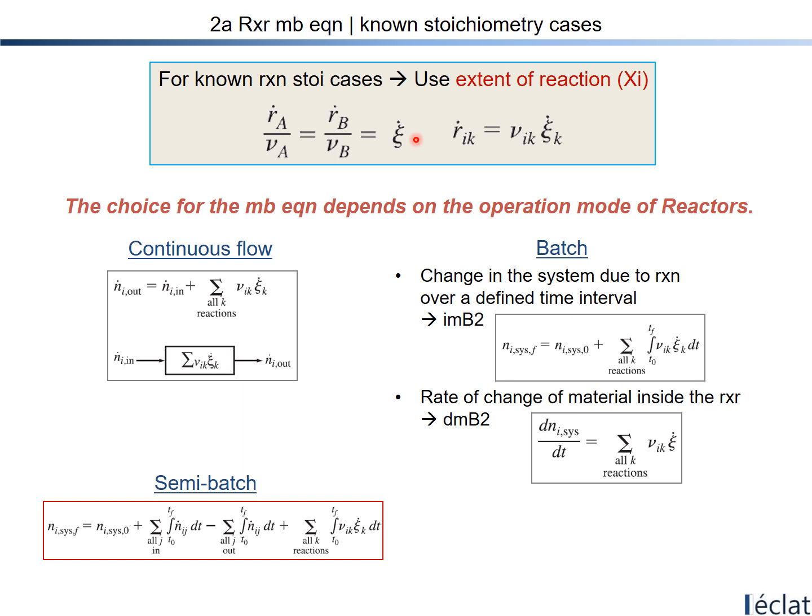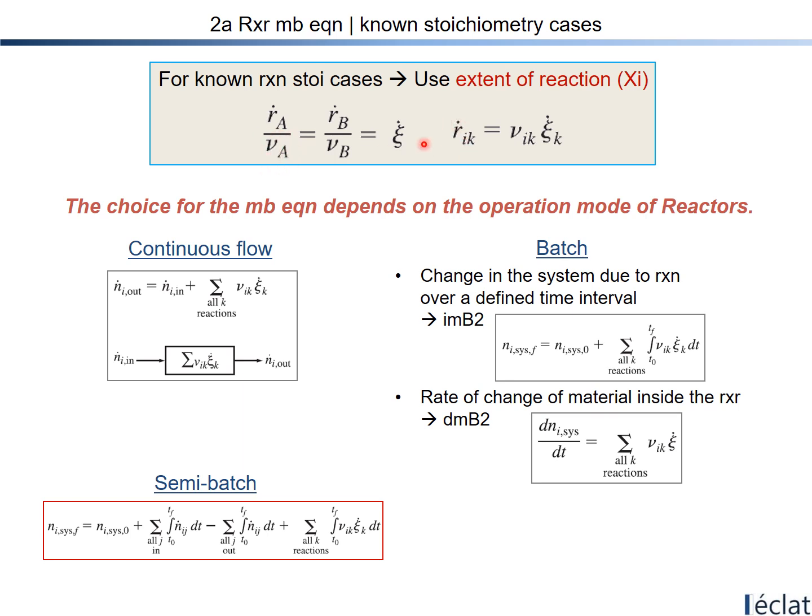I mean, for each chemical reaction equation, you could define a single extent of reaction Xi. The definition of the extent of reaction is equal to the reaction rate of species i, normalized by the corresponding stoichiometry coefficient.